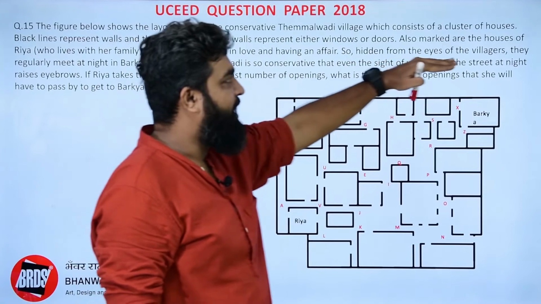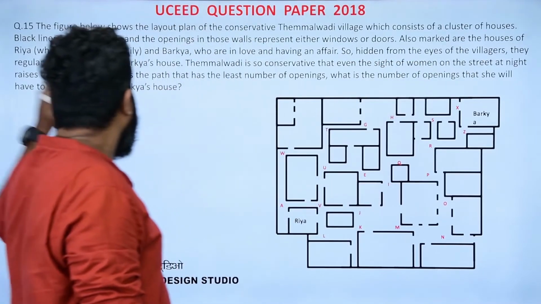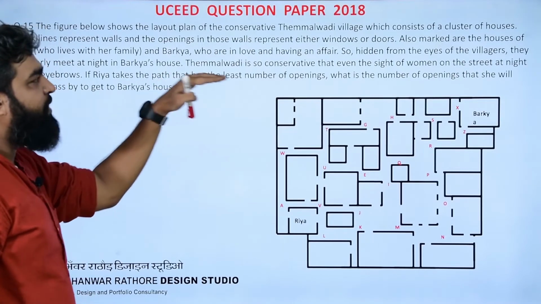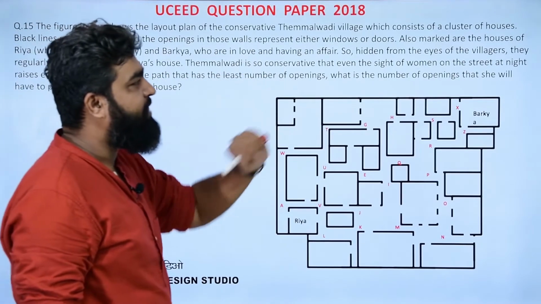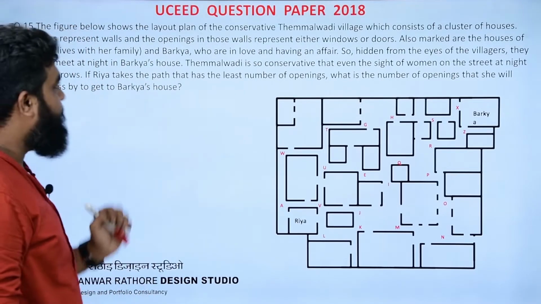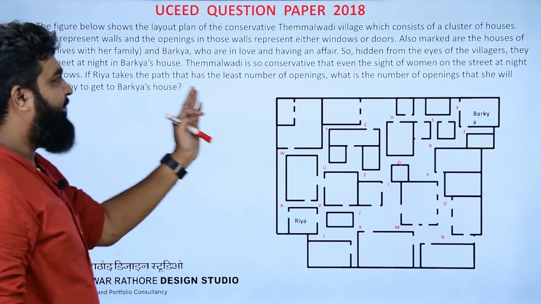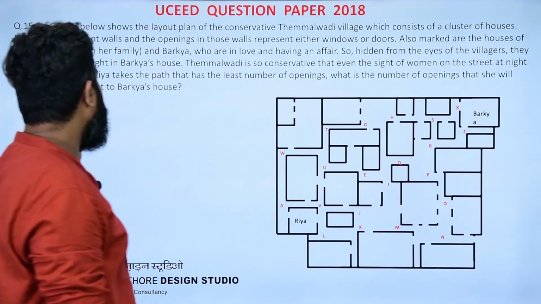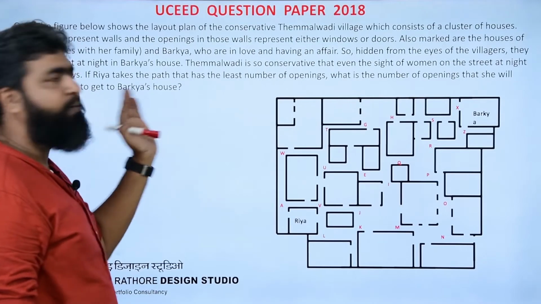So hidden from the eyes of the villagers, they regularly meet at night in Barkya's house. Themalwadi is so conservative that even the sight of a woman on the street at night raises eyebrows. If Ria takes the path that has the least number of openings, what is the number of openings that she will have to pass to get to Barkya's house?